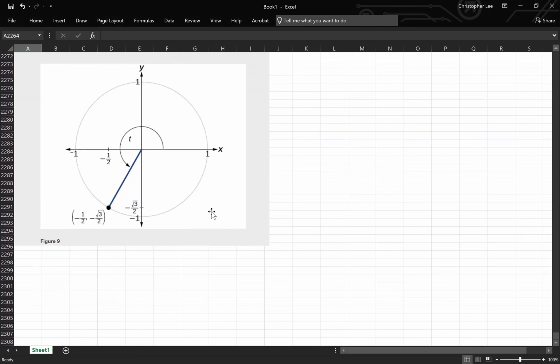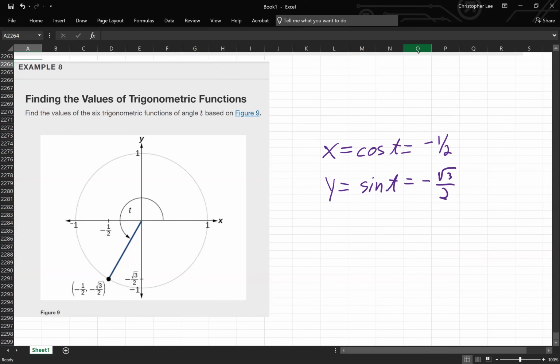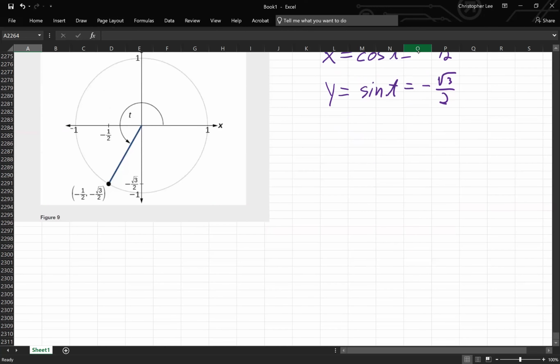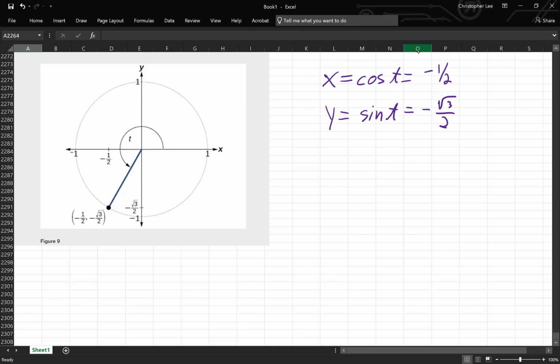This is done already. x is equal to cosine of t, which is equal to negative 1 over 2. y is equal to sine of t, which is equal to negative square root 3 over 2. I didn't even read the instructions. Hold up. Find the value of the 6 trigonometric functions of angle t. They already gave me 2.